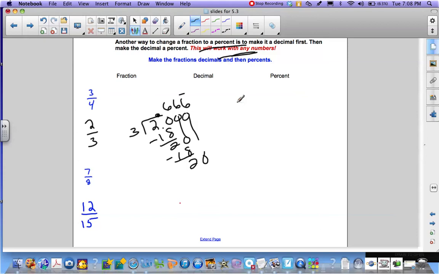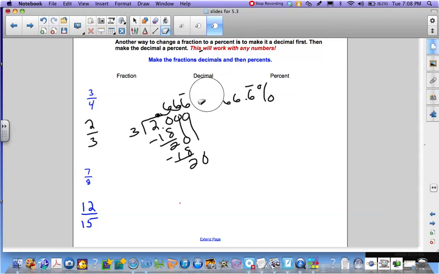Now to make any decimal a percent, you multiply by 100 or move the decimal 2 times to the right. Now the reason I went out at least 3 places here is I want to move my decimal out, and I've got 66.6 repeating percent. To make any decimal a percent, move it twice to the right because that's the same as multiplying by 100.